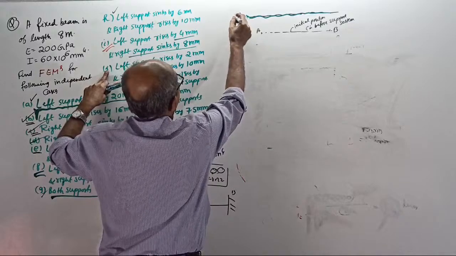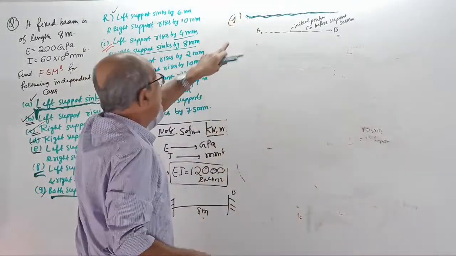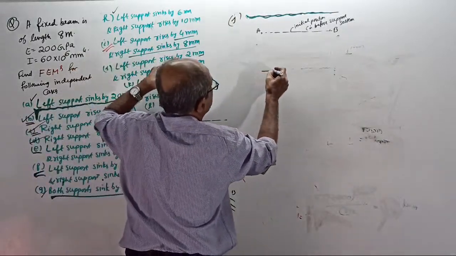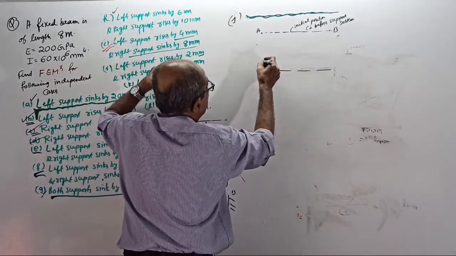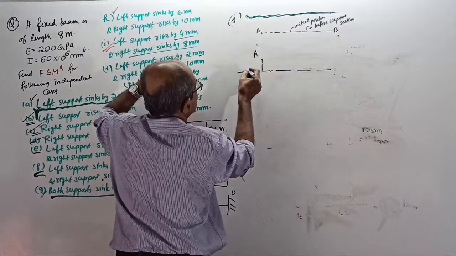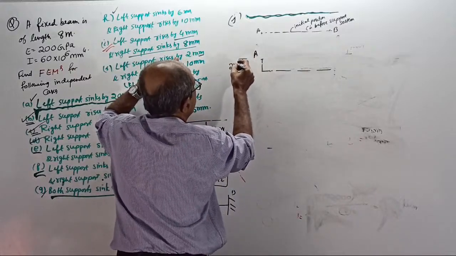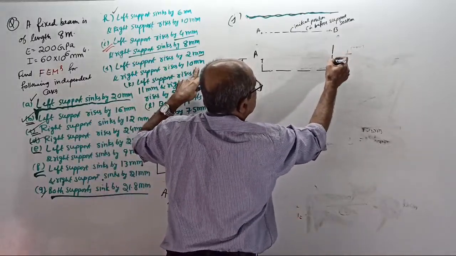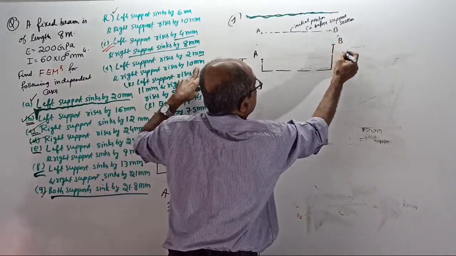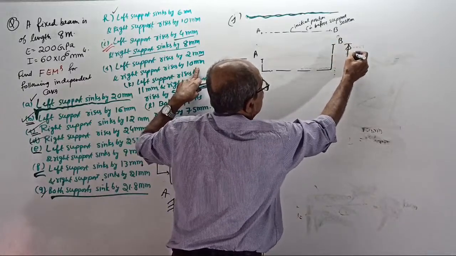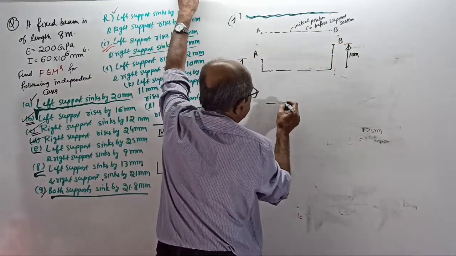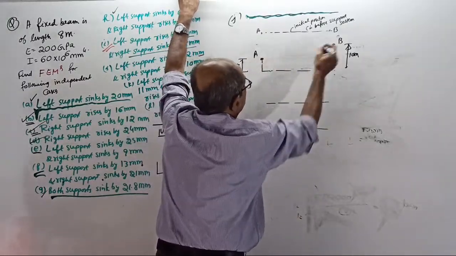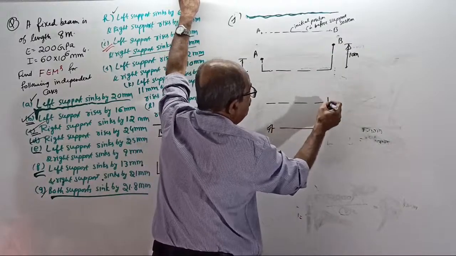Next J. Maybe I made a mistake in ABCD. See, J. Left support rises by 2 mm. A goes here. Right support rises by 10 mm. Therefore, if I draw two parallel lines, now from A to B: A is below, B is above.